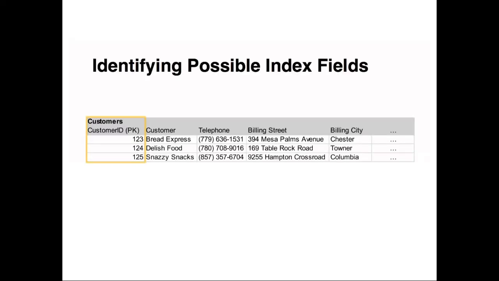It would just take longer. And so instead of looking you up, say, on that customer ID field, which by nature is a primary key and would get query results very quickly, we have indexed the telephone field, allowing retrieval just as quickly. So that's all I have to say on indexes. We will not be creating them in class this semester.